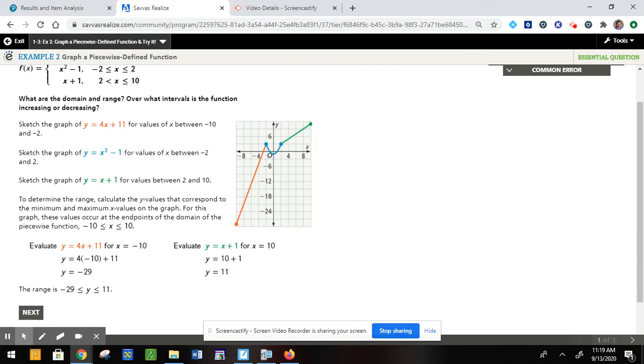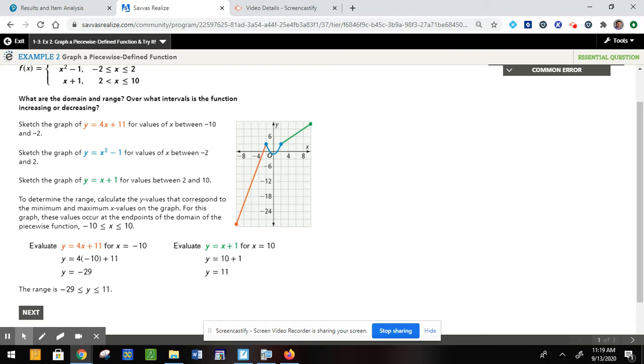To determine the range, just looking, low to high. So for the first part, the low value is -29. The high part, well, the range of the entire function is 11. So the range is between -29 and 11.